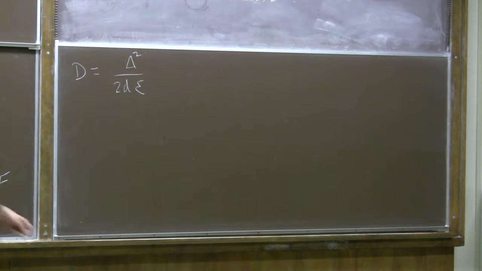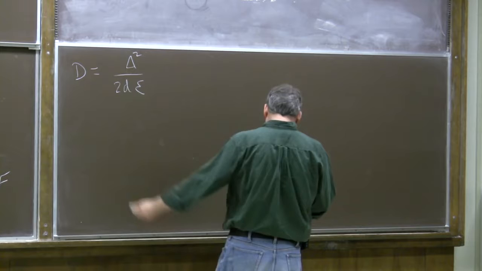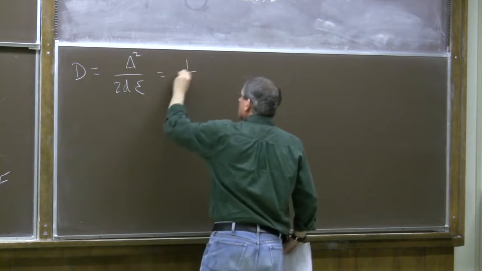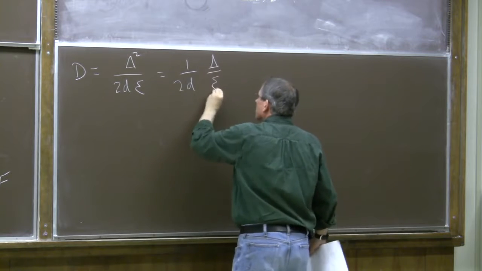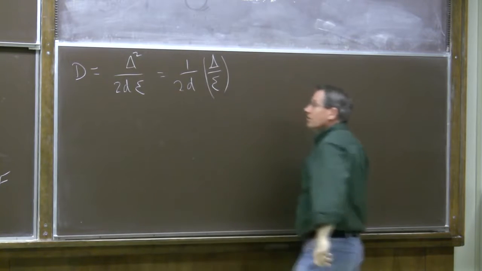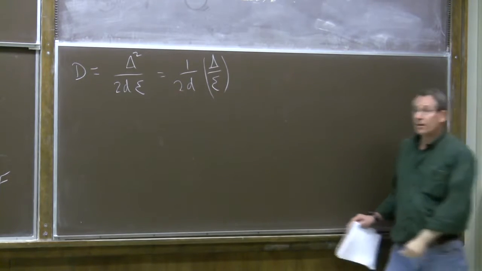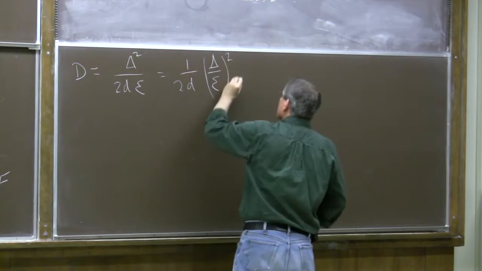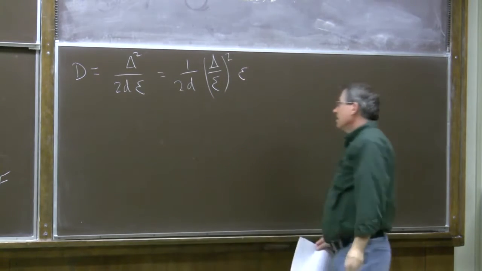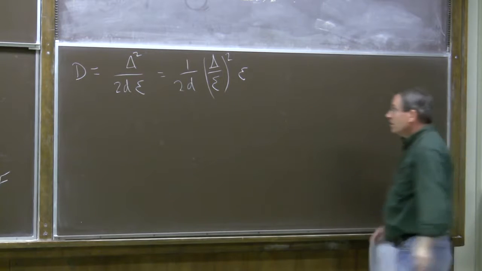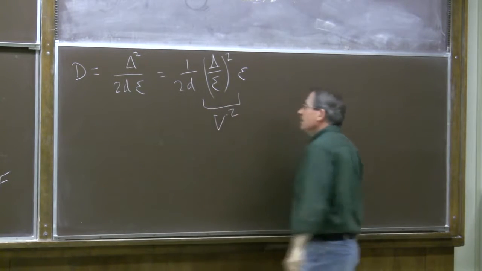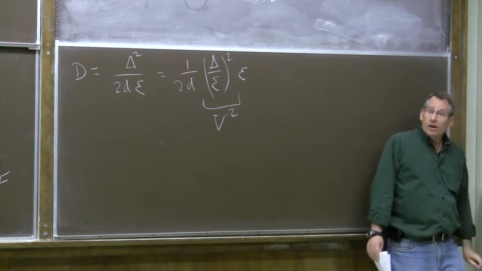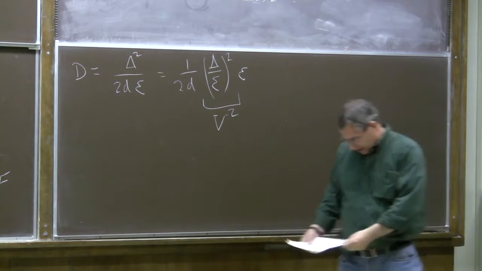So I'd like to invite you to think of that as 1 over 2d times the square of the speed for the particle times the reset time. So this now, I'll call it capital D squared. It's the speed squared for our diffusing particle.